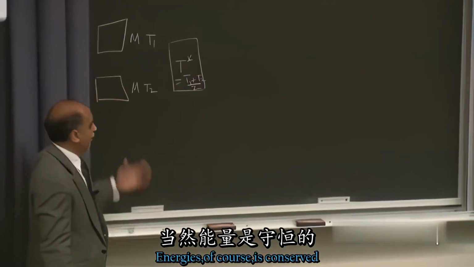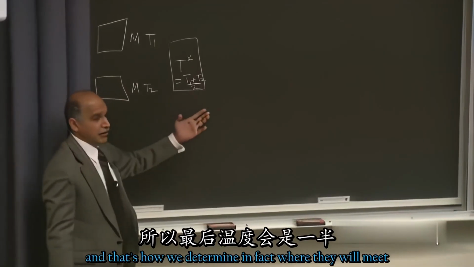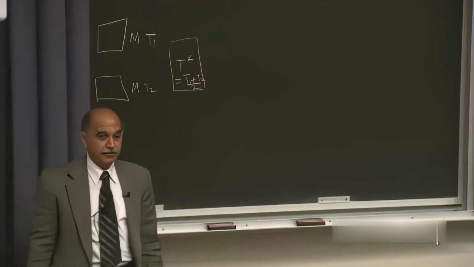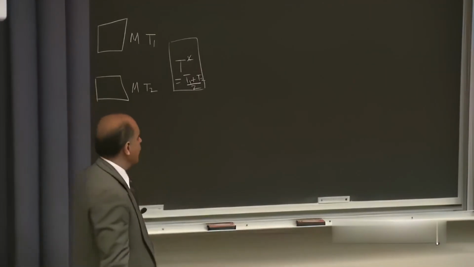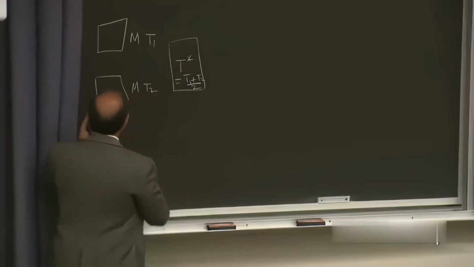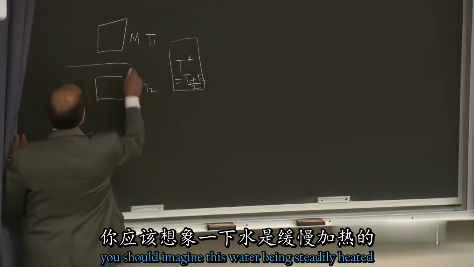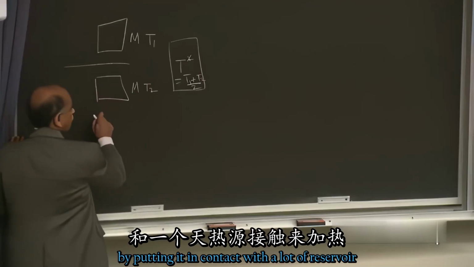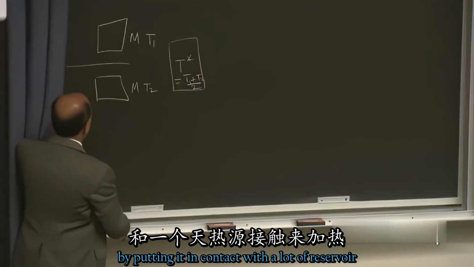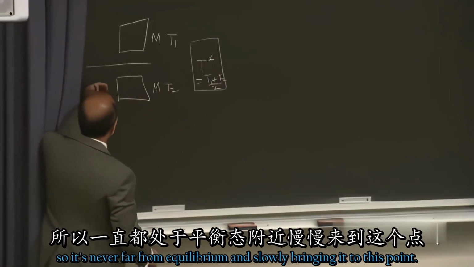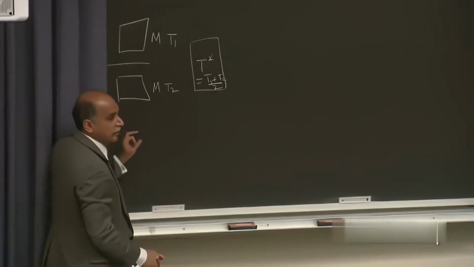Energy is, of course, conserved, and that's how we determine, in fact, where they will meet. But look at the entropy. What happens to the entropy change? For the entropy change, you should imagine this water being steadily heated by putting it in contact with a lot of reservoirs, so it's never far from equilibrium, and slowly bringing it to this point.